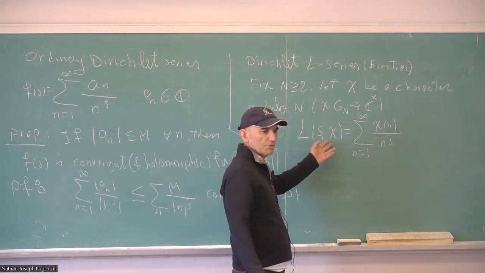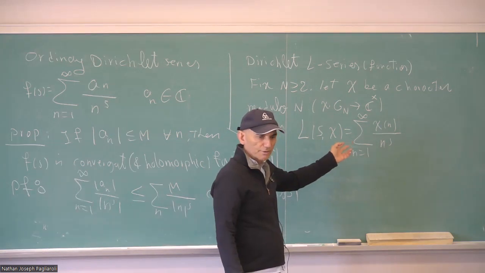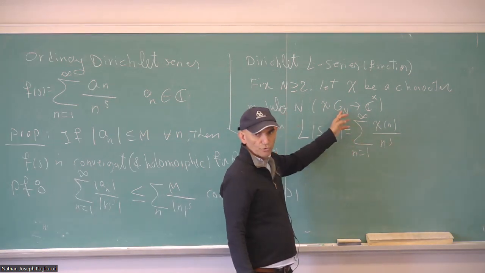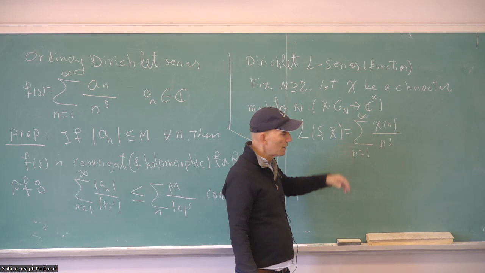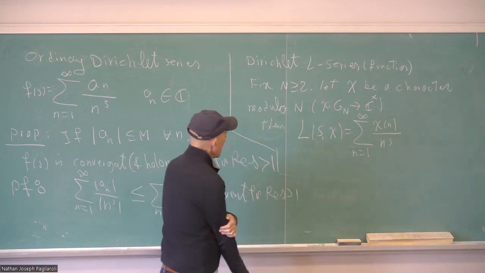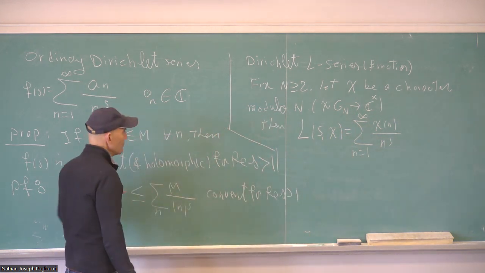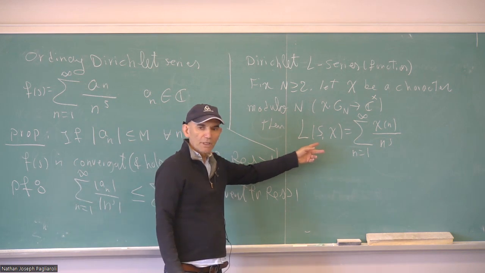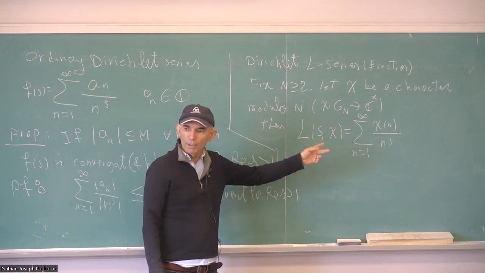So this is the Dirichlet L function or L series attached to this character modulo n. For any n, you can do such things. And of course, by what we proved, this is holomorphic in real part of s bigger than 1, at least.